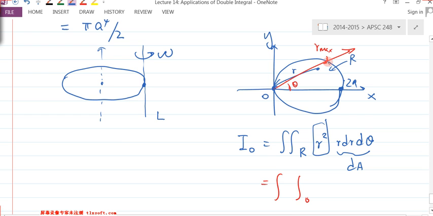So here's a shortcut. Connect these two points, and you will end up with a right triangle.